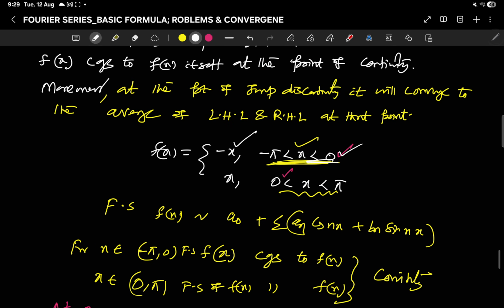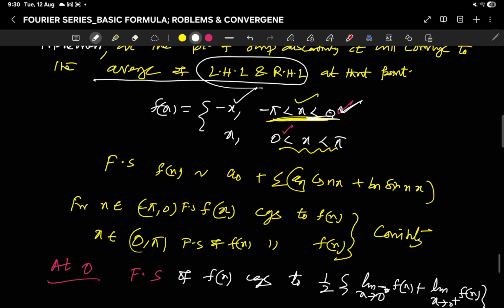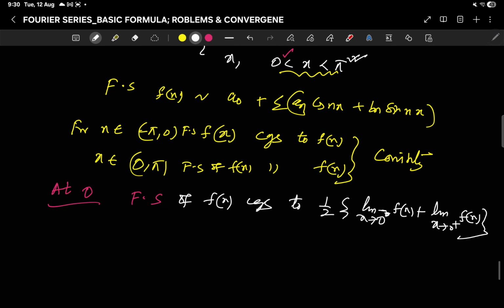So at the point of jump discontinuity, it is the average of left hand limit and right hand limit at that point. So 0 is a jump discontinuity here, pi is a jump discontinuity here, minus pi is a jump discontinuity here. So at the point of jump discontinuity, it should be the average of the left and right hand limit at that point.